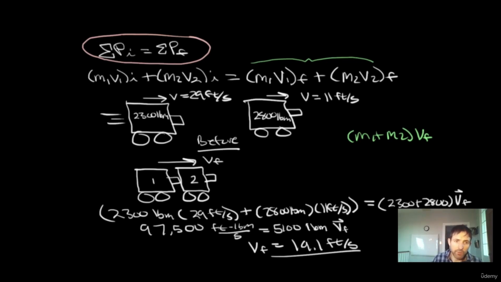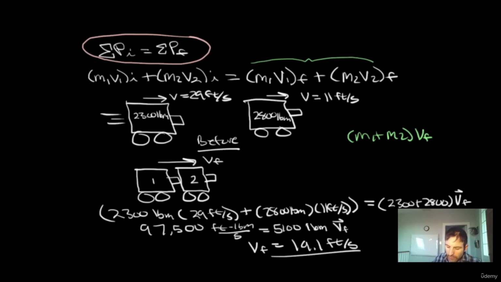So it's the summation of all the momentums you're dealing with in the beginning and all of the momentums at the end. In our specific case, we only have 2 objects, and they have initial velocities. Their mass doesn't change, and after impact, they're going in the same direction, so they're going to have the same final velocity.